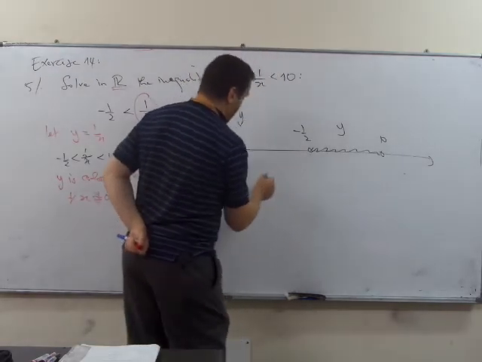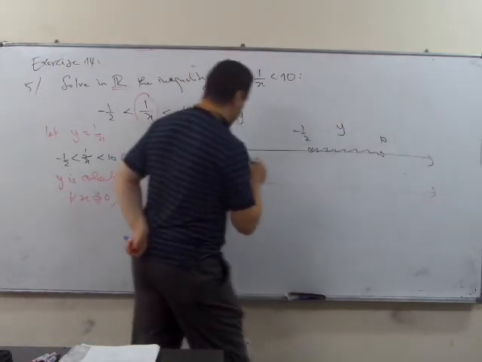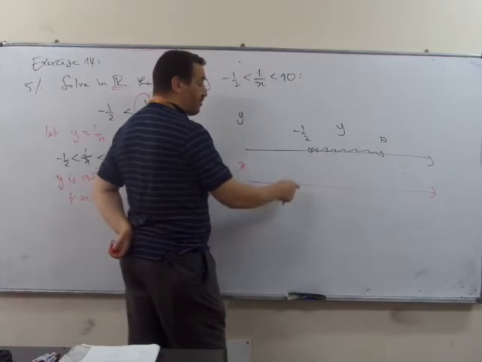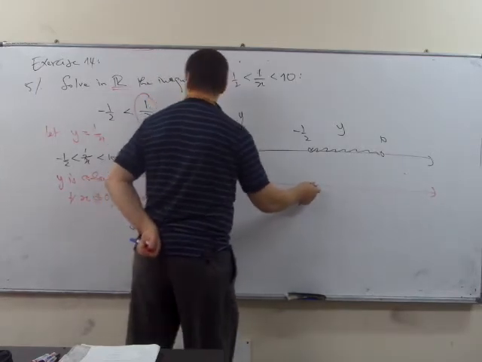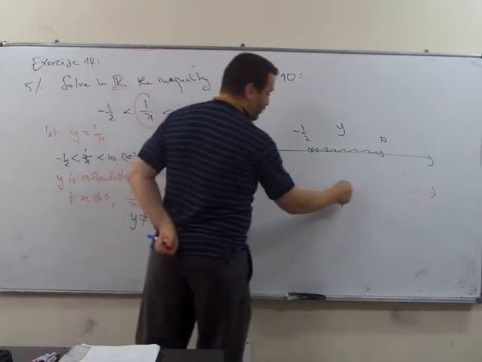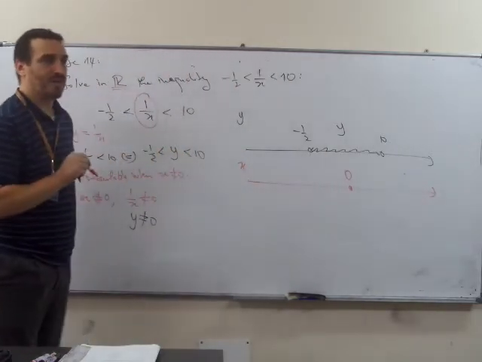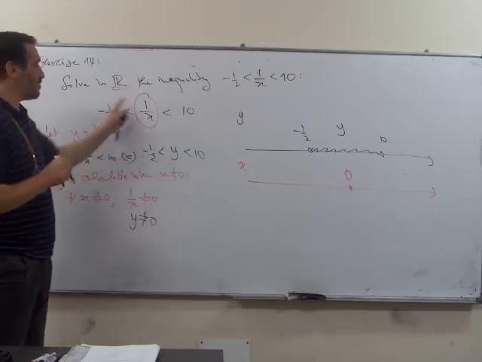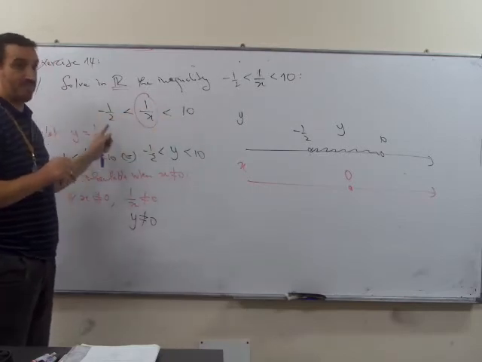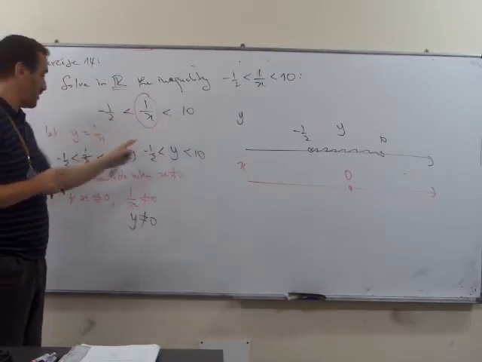So my problem is, this is for x. What are the values of x for which this is true? The value 0 here is not one of them, because if x equals 0, this is not possible. So I'm excluding this.